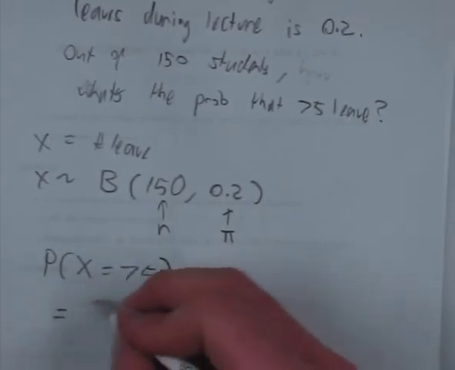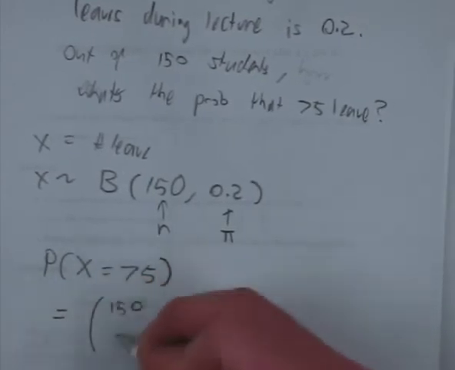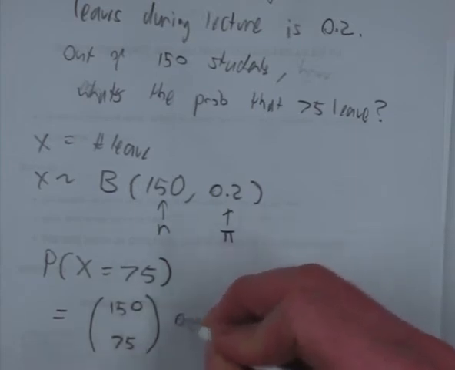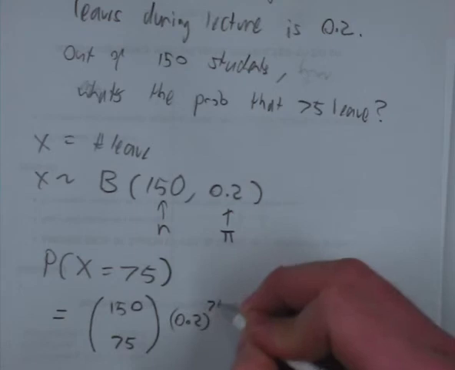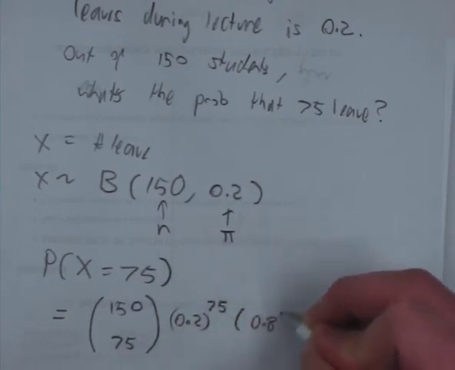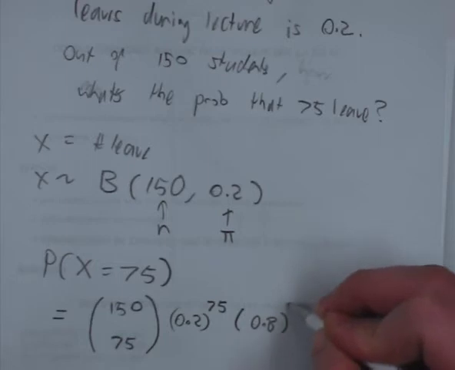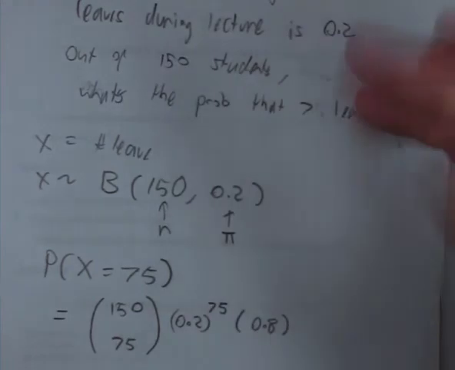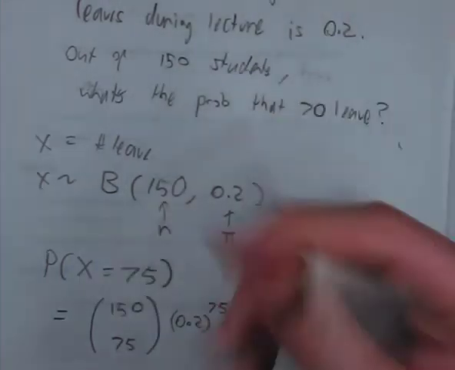So, according to the formula, it will be 150 choose 75 times 0.2 to the 75 times 0.8 to the 75. But can I change it to 70 because it will be more illustrative that way?